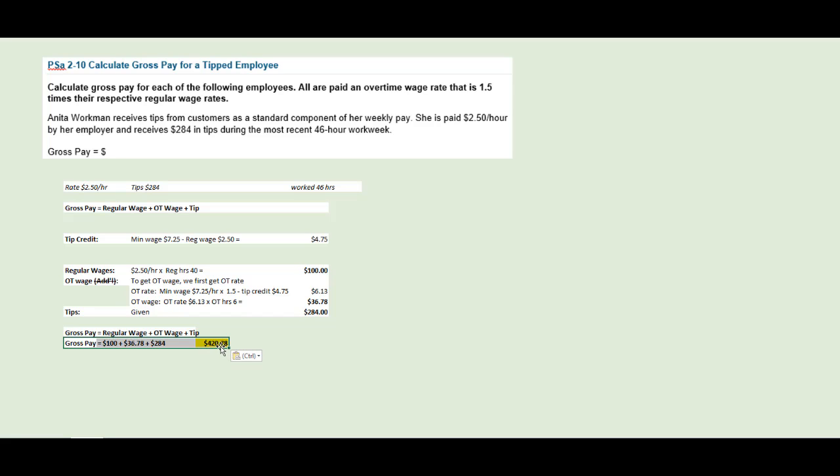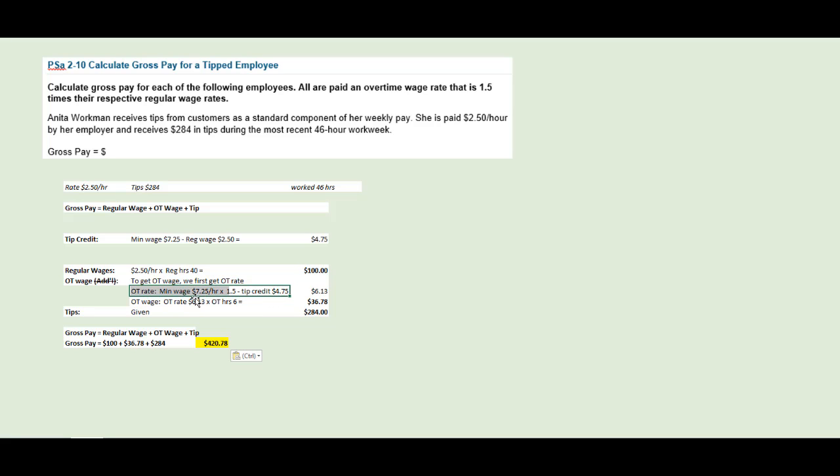$420.78. That's made up of regular wages, $100 from 40 hours worked times $2.50 per hour. Then the overtime wage, which is $36.78. You calculate that by taking the overtime rate times the 6 hours of overtime. What's complicated here is getting the overtime rate, and to get it, you need to utilize the tip credit.